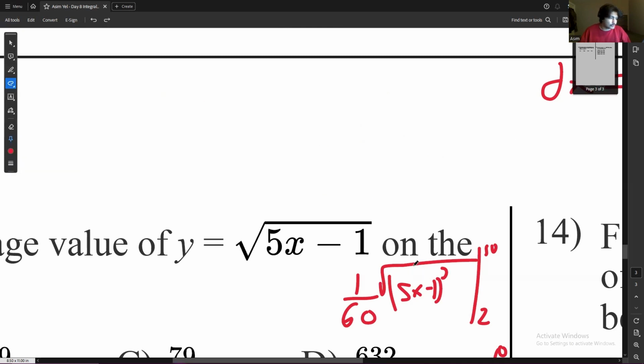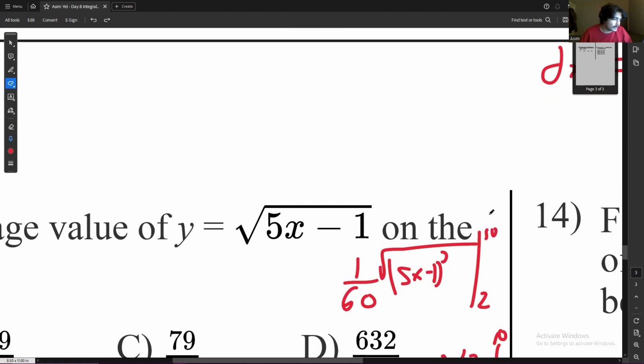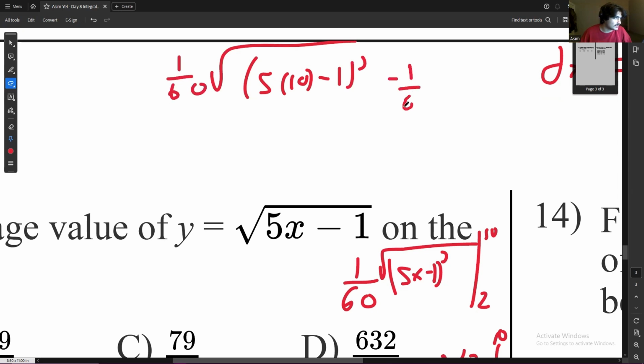Okay. So after this part, I'm just gonna plug in 10, which is going to be 5 times 10 minus 1 to the power of 3/2 over 60, minus 1 over 60 times 5 times 2 minus 1 to the power of 3/2.